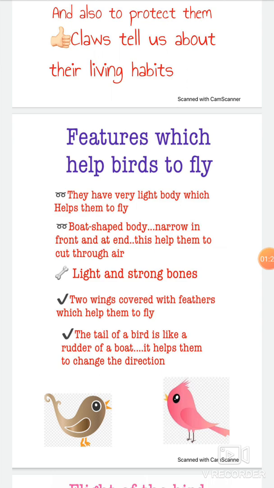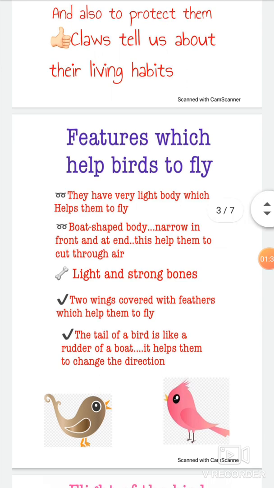They have 2 wings which are covered with feathers, as every bird has such type of wings, and these wings help them to fly. Their bones are very light and strong, and the tail of a bird is like the rudder of a boat.